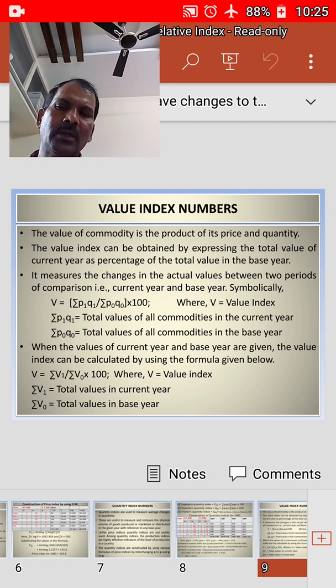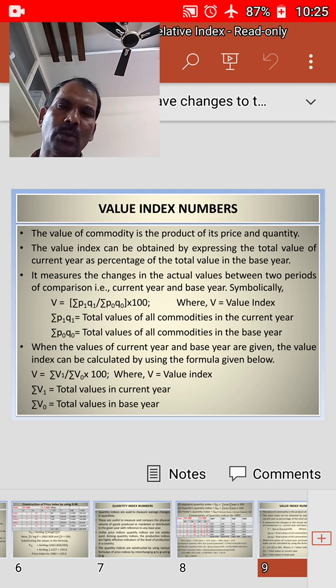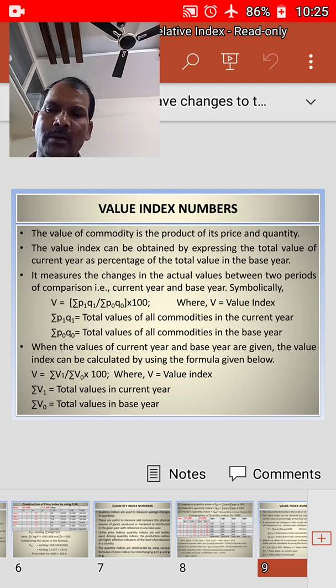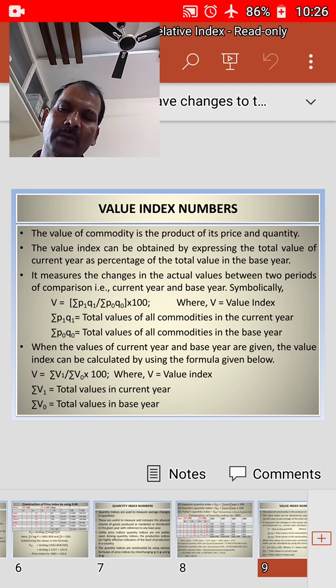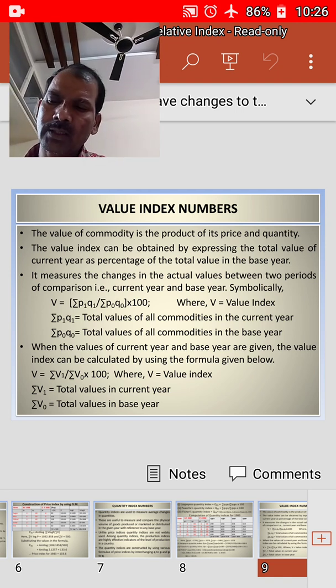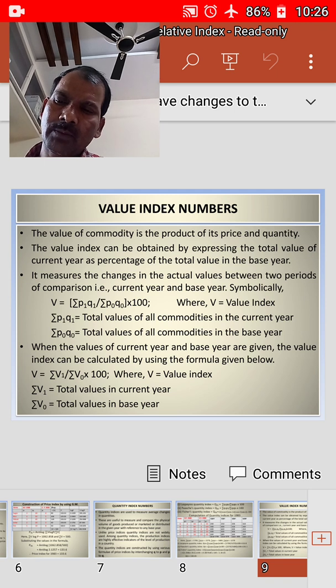When the values of the current year and base year are given, the value index can be calculated by using the formula V is equal to V1 by V0 into 100, where V1 is equal to total values in the current year, V0 is equal to total values in the base year, right?